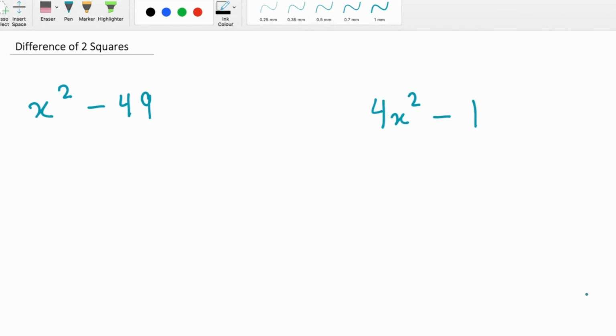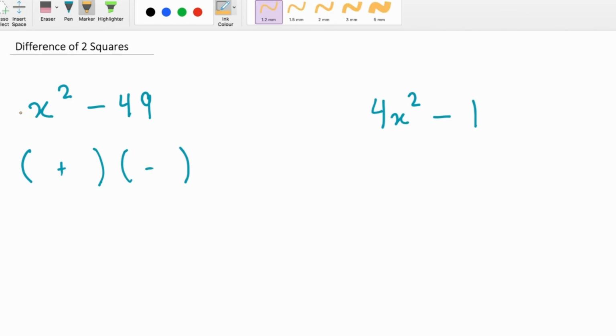Hopefully you had an attempt at both of those questions. Let's go through these together. So let's start with question number 1 here on the left-hand side. Let's use our two same steps. First of all, this is a difference of two squares. So we're going to use our two steps, first being putting in our two brackets, one with a plus, one with a minus. That's step 1.